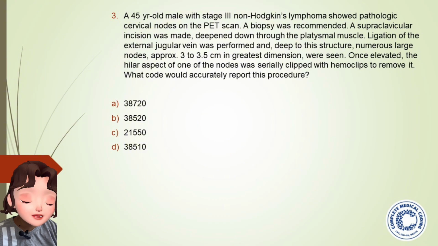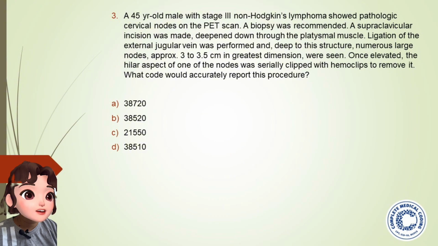Nothing is mentioned in the question about excision of scalene fat pad. So this is also not the answer. What is option C? 21550. 21550 represents biopsy of soft tissue of neck or thorax. Here a biopsy is done, but what type of biopsy is done? That is what is important.